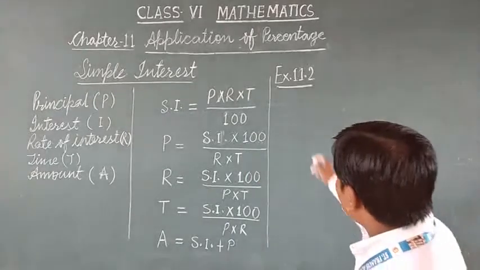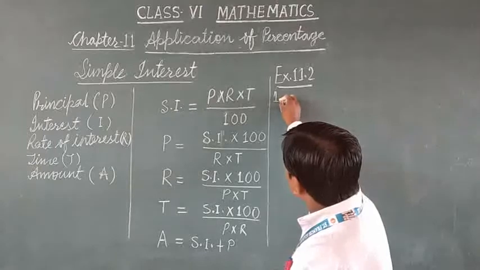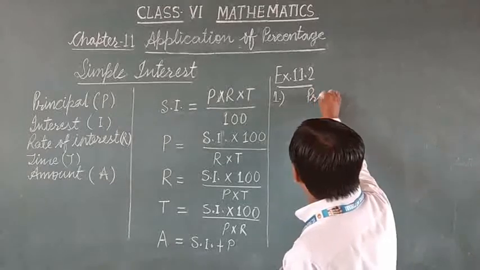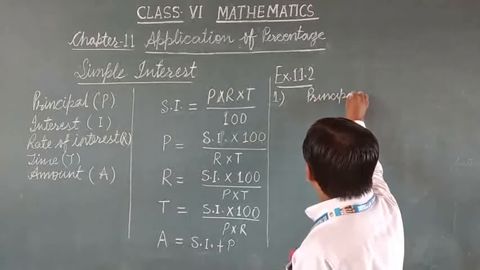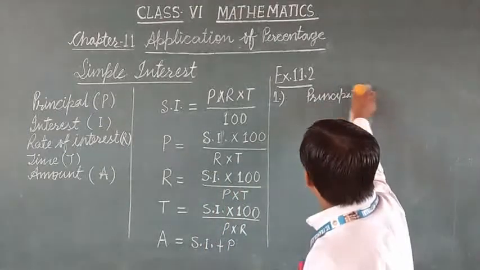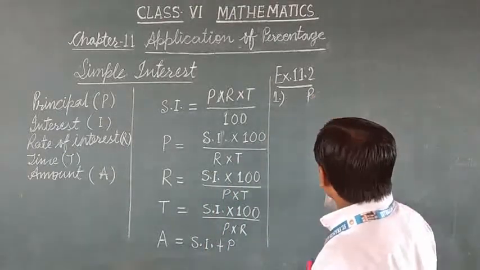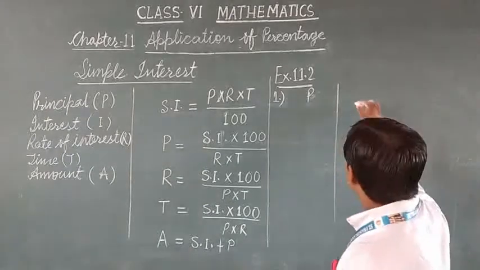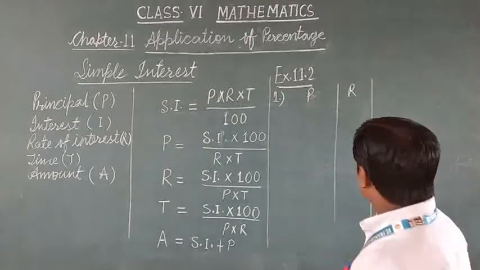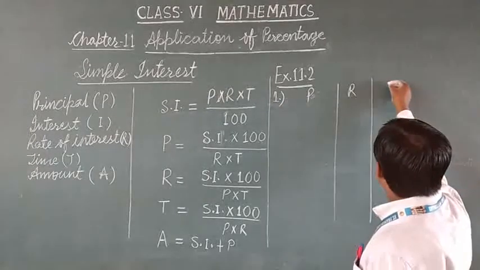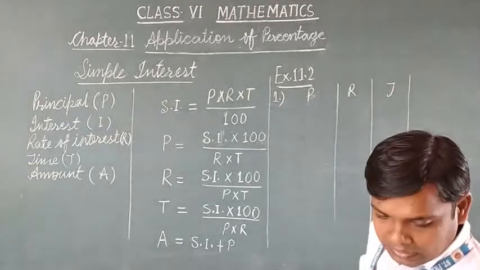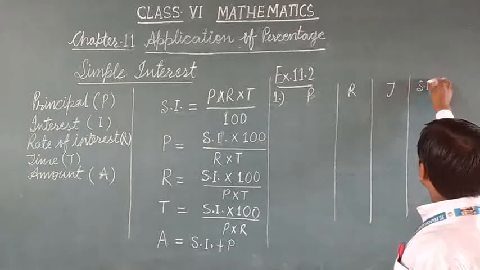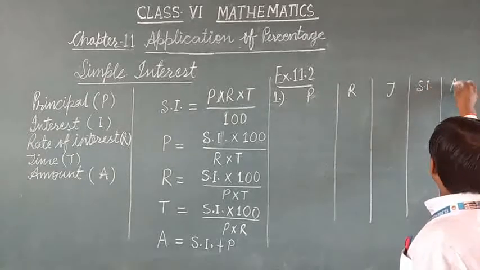Means I am writing the table here. In the question, principal I am writing directly as P, then rate of interest, then time period, then interest, that is SI also, and then amount.